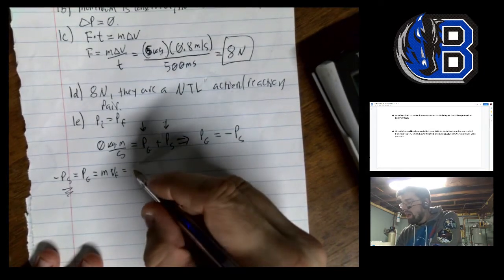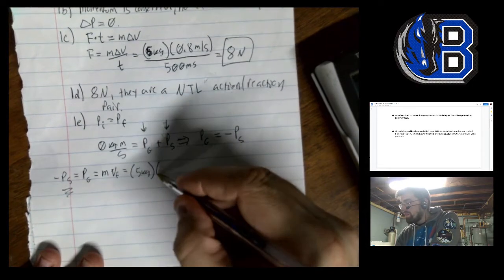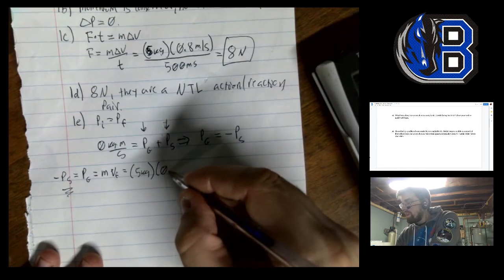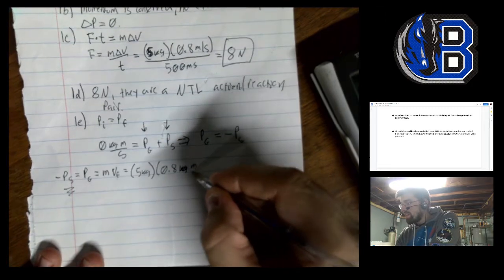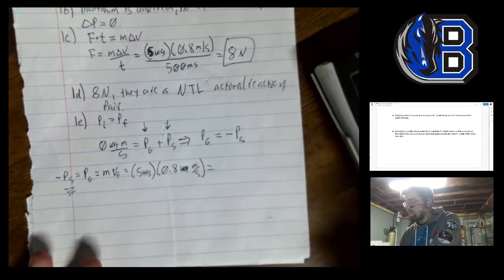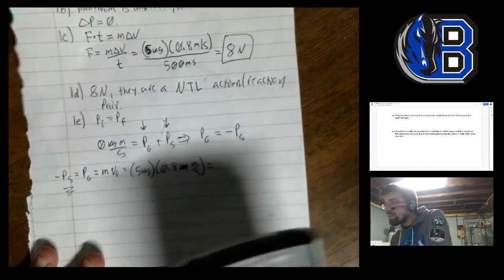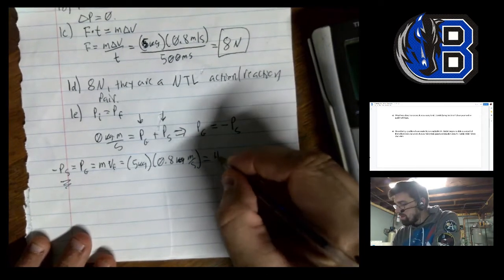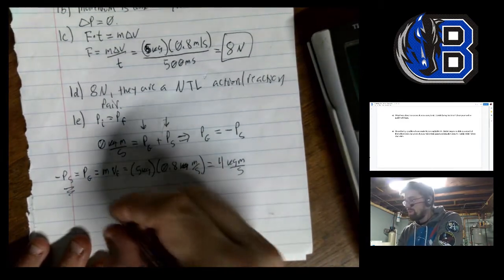Okay, what was it? 5 kilograms. Right, the snow's moving at 0.8. Got ahead of myself. I think it should be 4, right? 5 times 0.8. So that's how much momentum the snow had going forward, which means that's how much I had after.